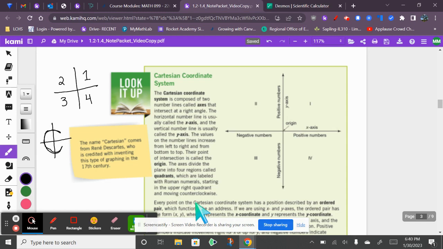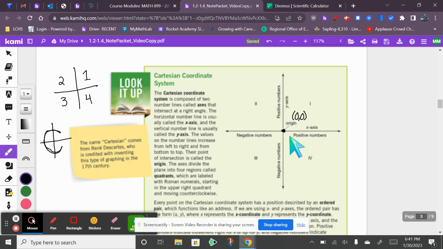The x-axis is the horizontal line. The vertical axis is the y-axis, or that vertical line. The origin is at the point 0, 0. Any x values that are positive are to the right of the origin, and any negative x values are going to be to the left.